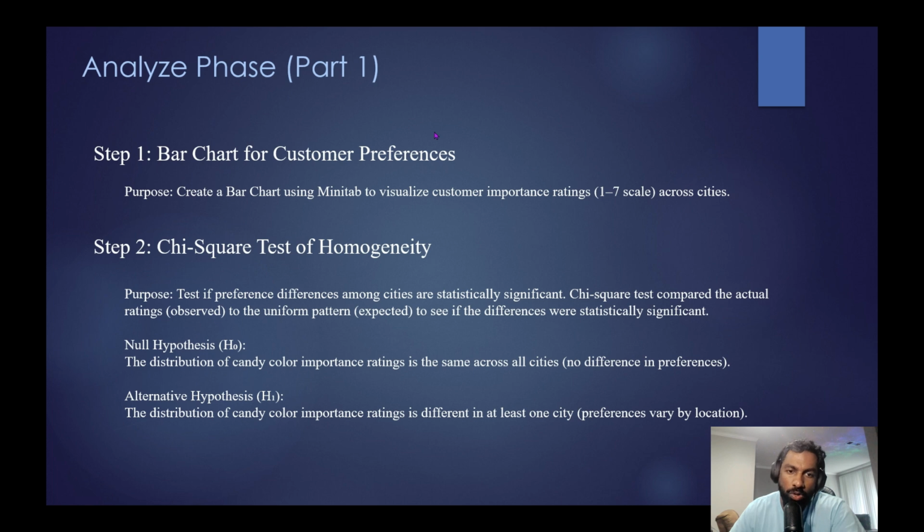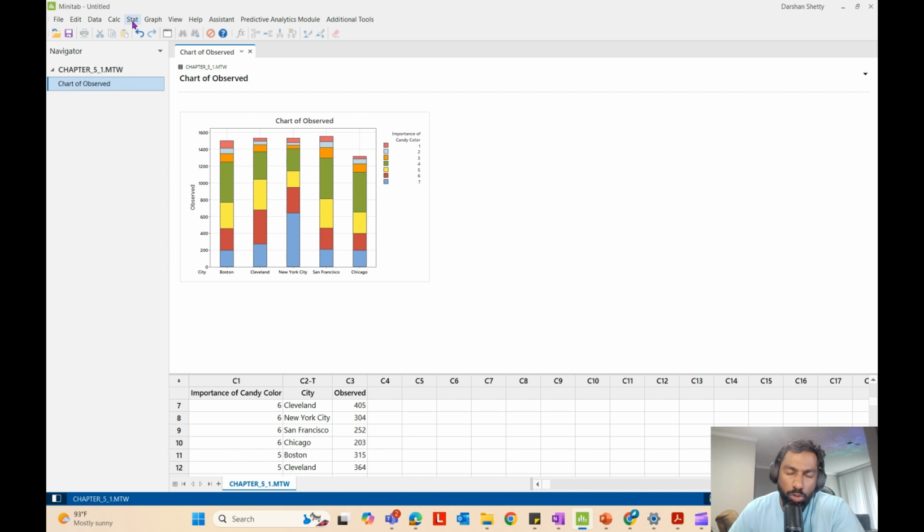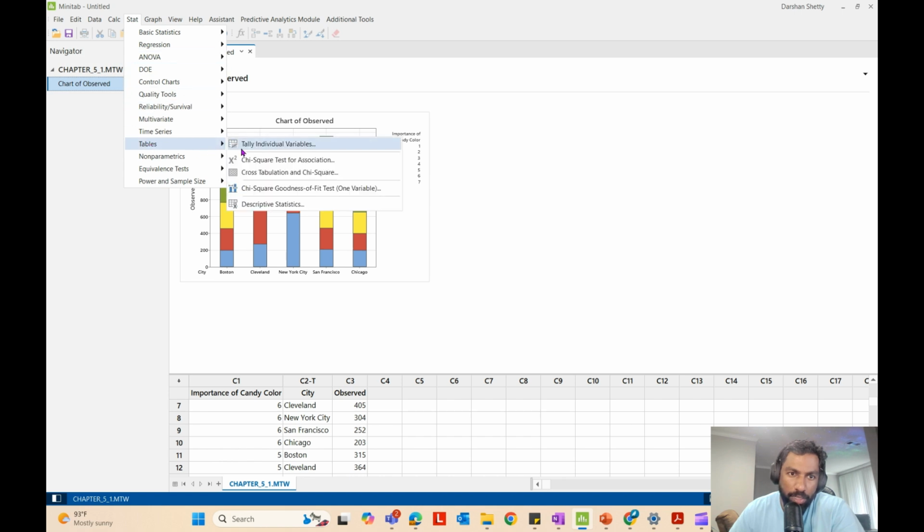So let's see how this chi-square test of homogeneity can be done on Minitab. To do the chi-square test of homogeneity on Minitab for this data, you go to Stats, go to Tables, and select Cross Tabulation and Chi-Square. The reason we select this is because we have two raw categorical data columns.